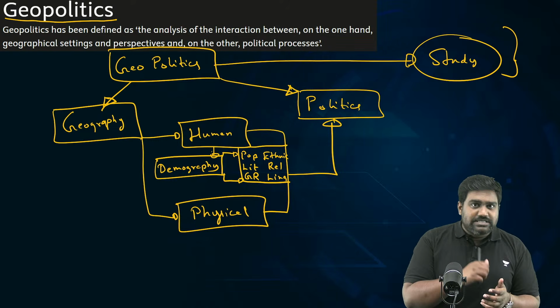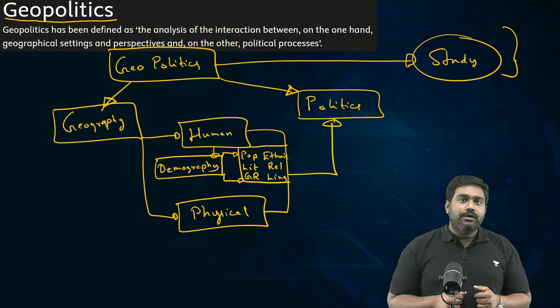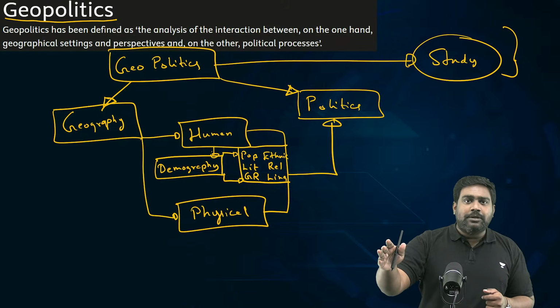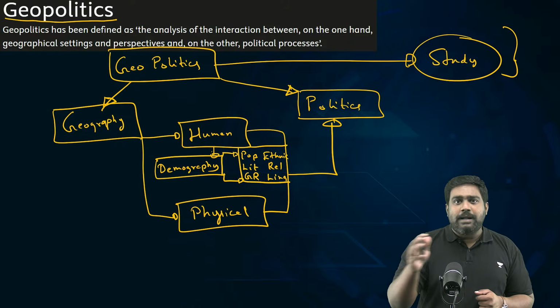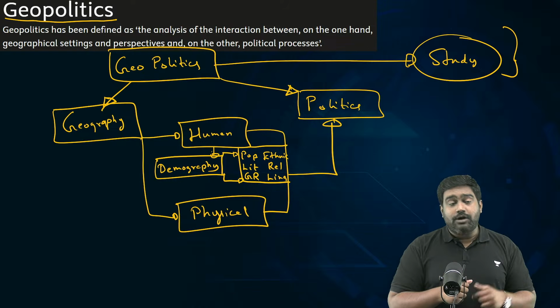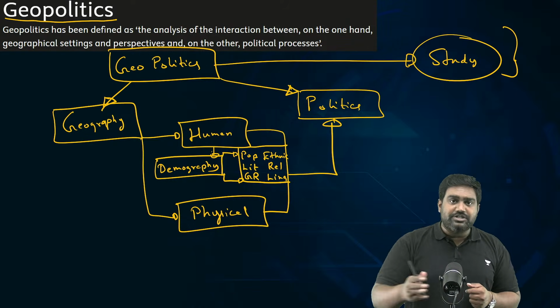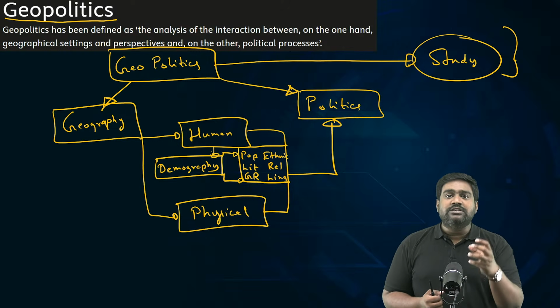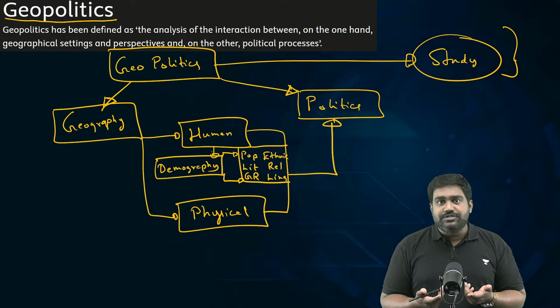Don't you think population size plays a role in the size of the economy of that nation? For example, there are a few developed economies which are dealing with an aging population. Countries like Japan, Italy, South Korea, Russia, they are dealing with the problem of aging population. Their population is dropping. Don't you think this will affect their economy, their military strength, their geopolitical influence?